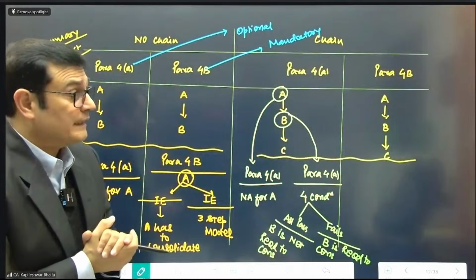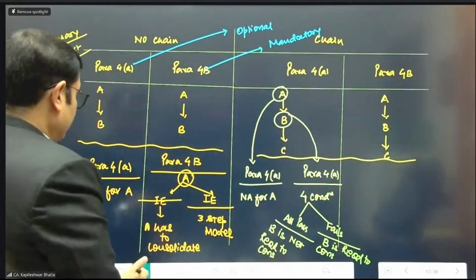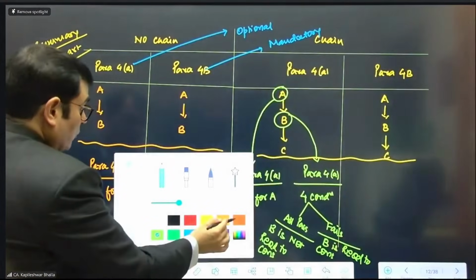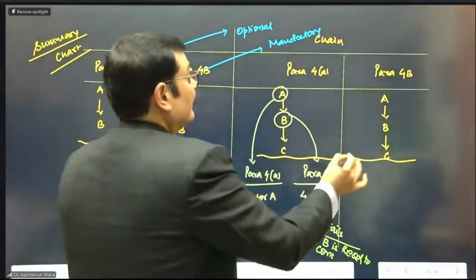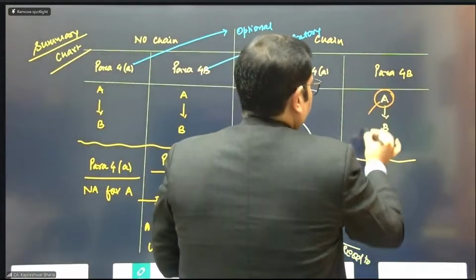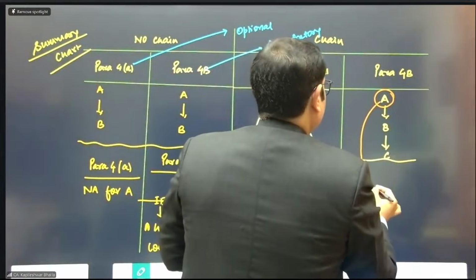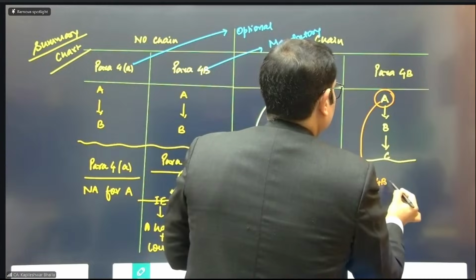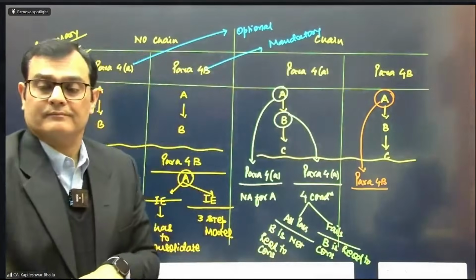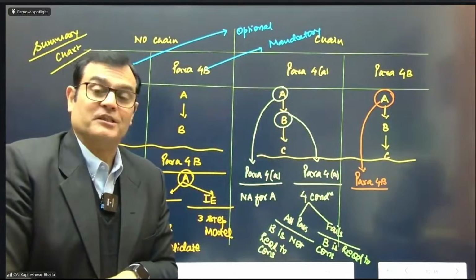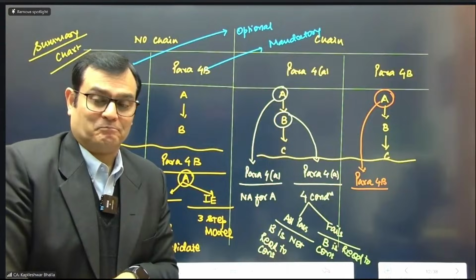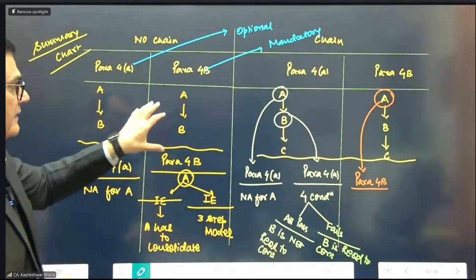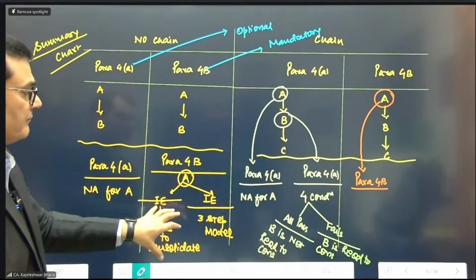I'm looking at 4A. Now let's go to para number 4B. Now watch this carefully. Can A get the benefits of para number 4B? Yes. Can I say the status is the same as this one? Correct?